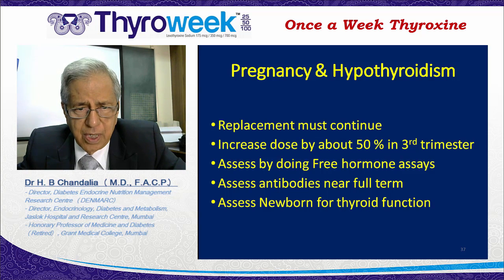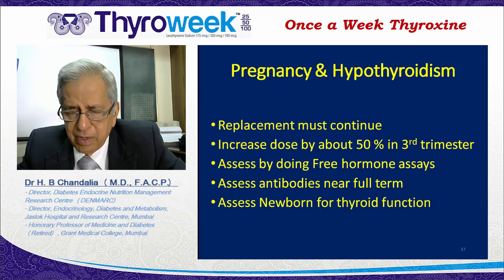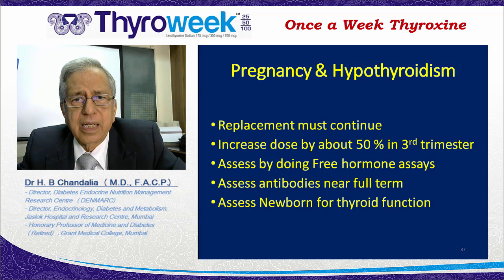And the thyroid function of the newborn should be assessed mostly from the cord blood, but you must know that the cord blood normal values are very different from the adult normal values, and you should properly compare those with the normal reference levels given at that stage.